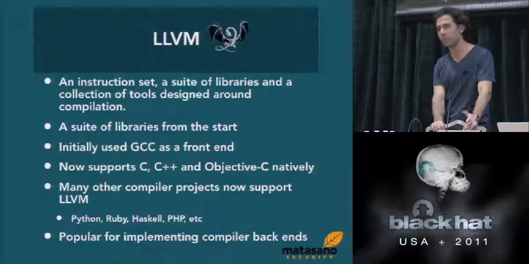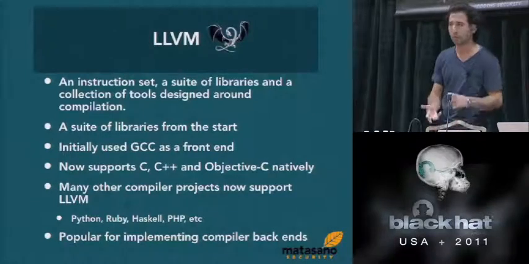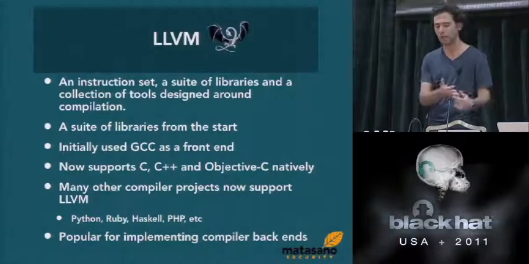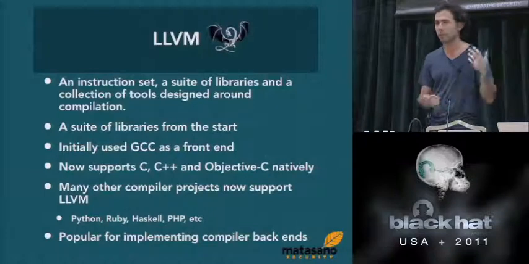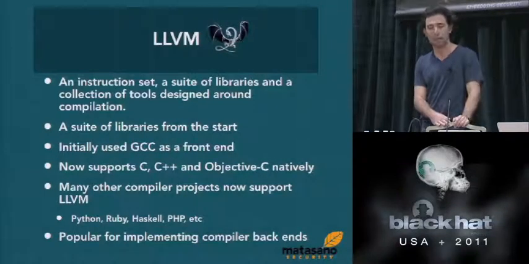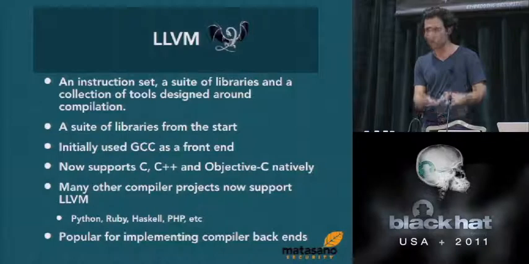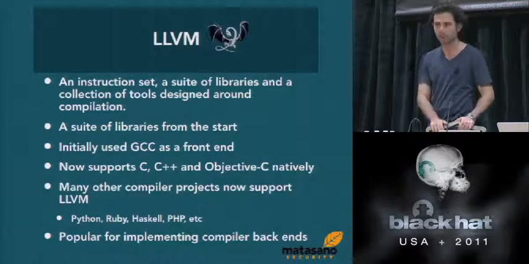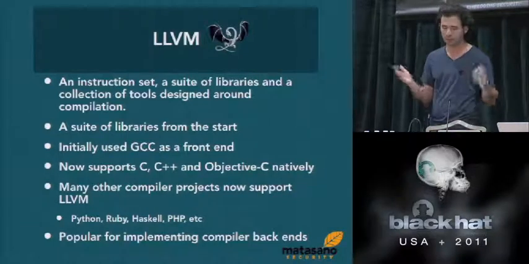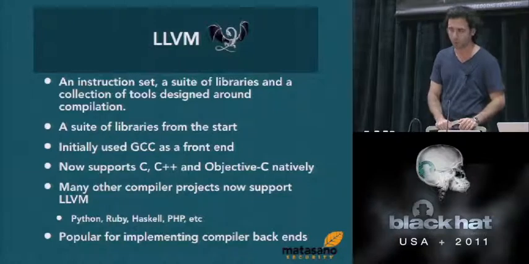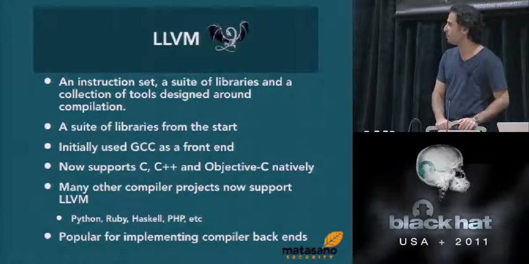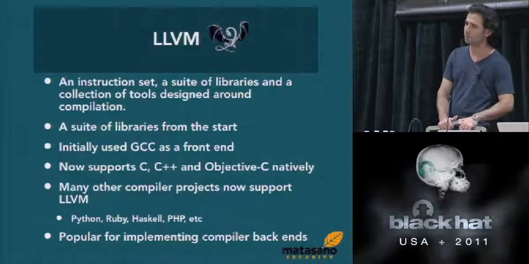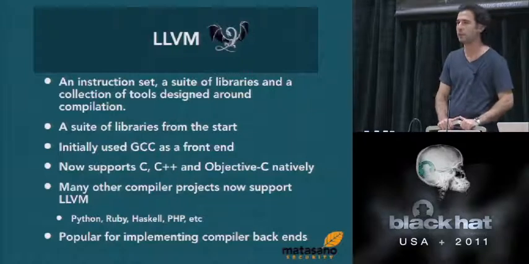LLVM produces a suite of libraries that's used for everything from parsing code to optimizing code. Optimizing is how the project got its start, as Chris Lattner's thesis in the early 2000s. And it also obviously includes a JIT engine, it includes a linker, and it does everything that you might want to do with compilation. Before it had a standards-conforming front end, it used GCC.